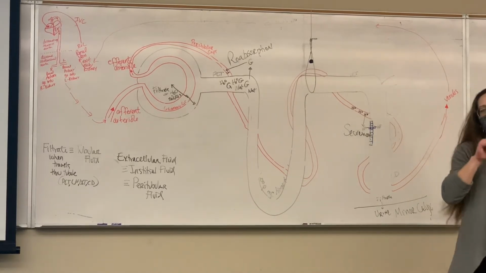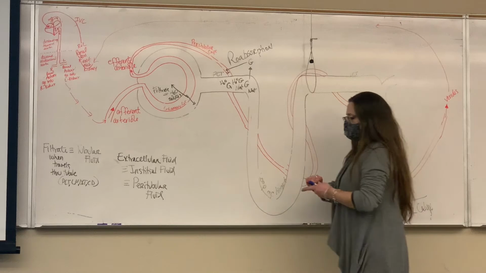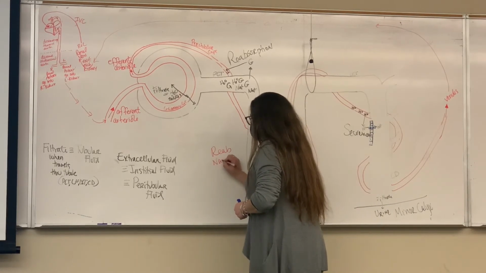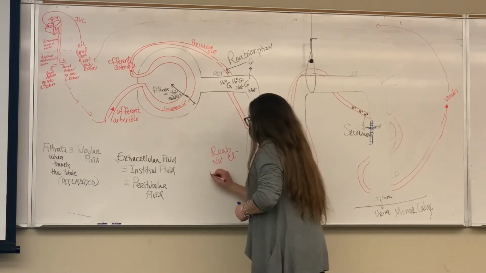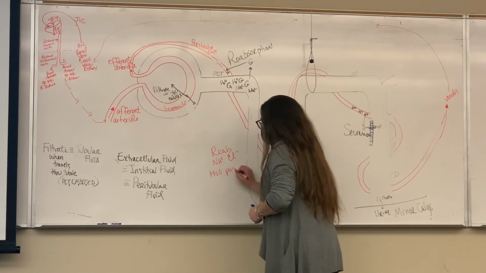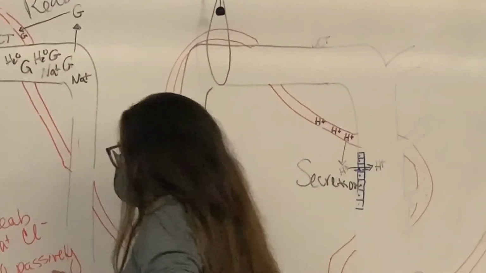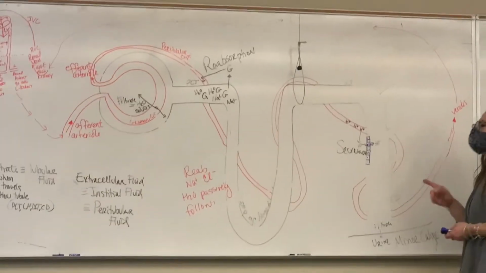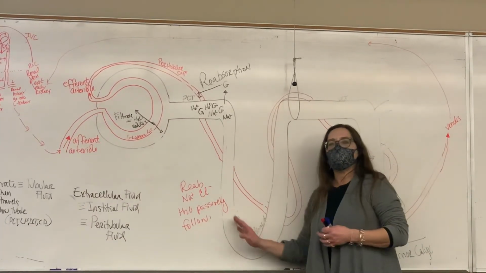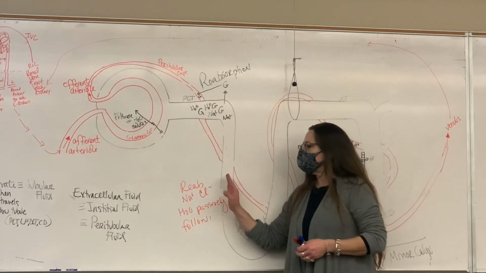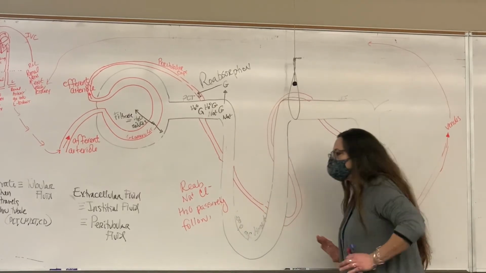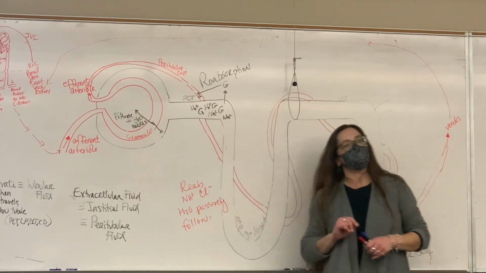But what we're going to see happens in countercurrent multiplication is we are going to reabsorb sodium and chloride, and then water will passively follow. It's a beautiful mechanism that we'll learn the details about on Wednesday. But that's one of the major things that happens at the loop of Henle. We're going to take sodium and chloride that's in the filtrate, put it into the blood in the peritubular capillaries, and then the water follows it.